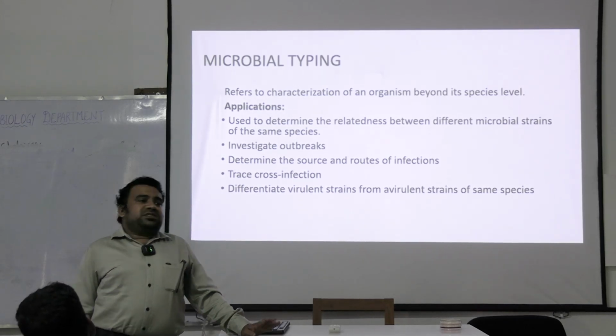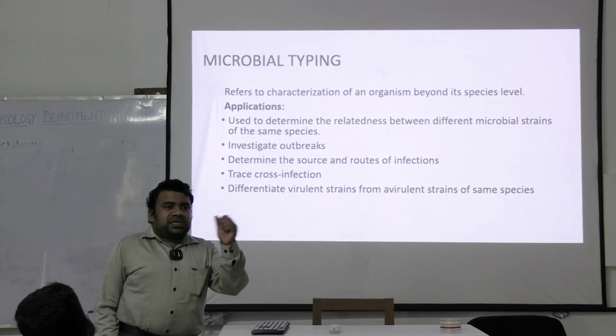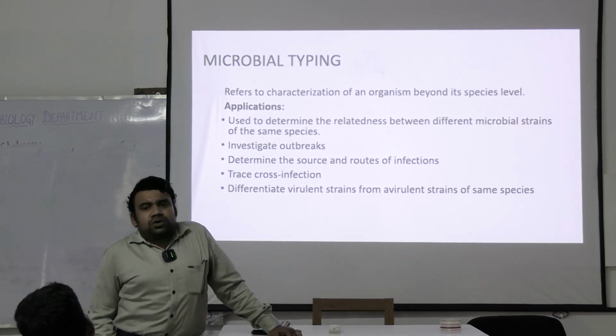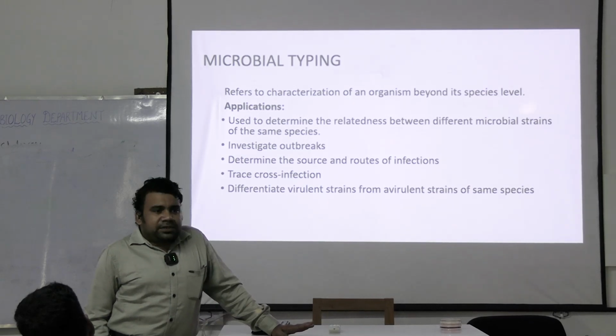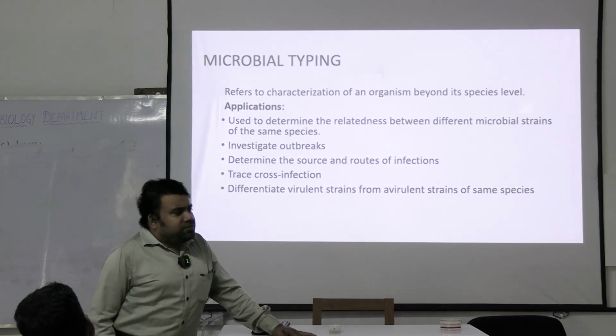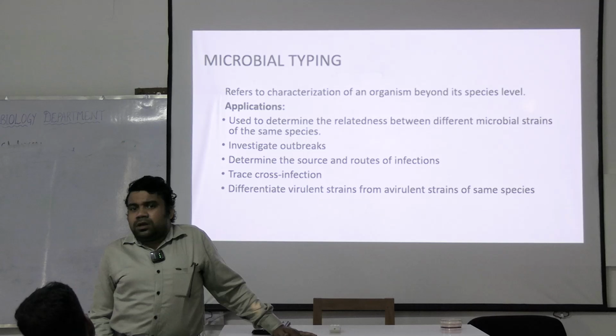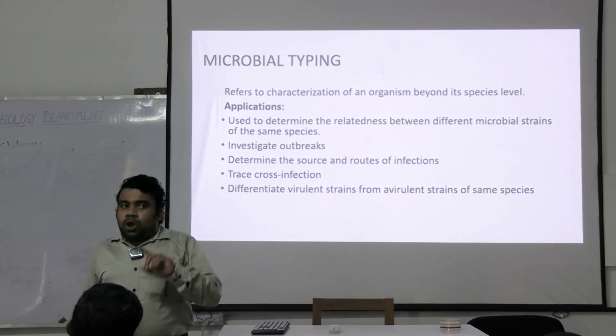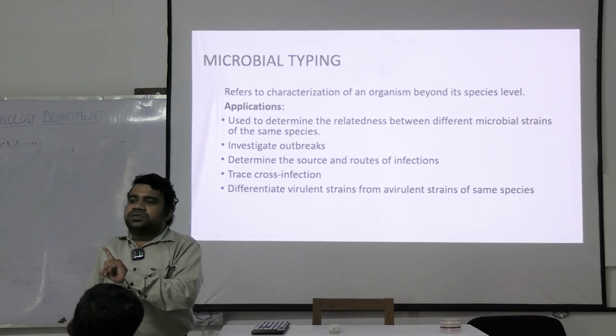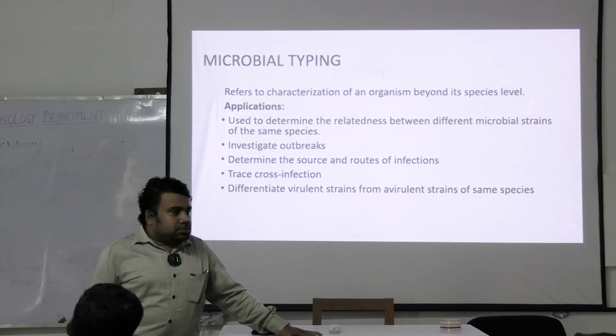Try to listen to this one. Suppose there is an outbreak of a particular infection caused by, say, Klebsiella, a gram-negative bacteria. Now Klebsiella is present almost everywhere. Almost every human being will have some sort of Klebsiella. But when the outbreak occurs, only a particular strain of Klebsiella will cause the outbreak.